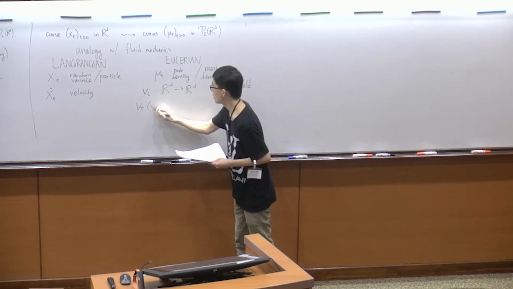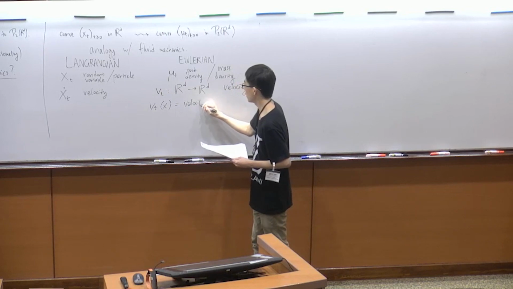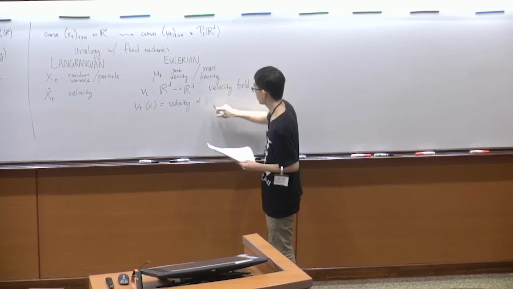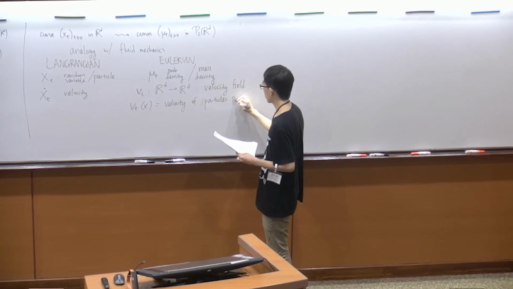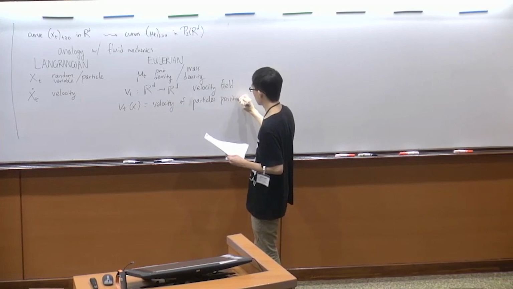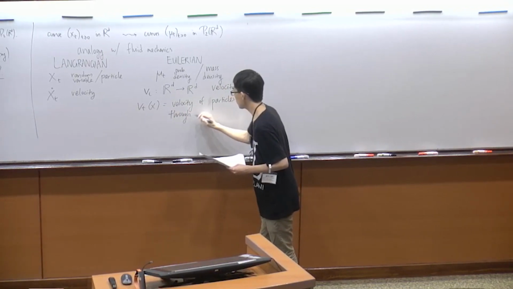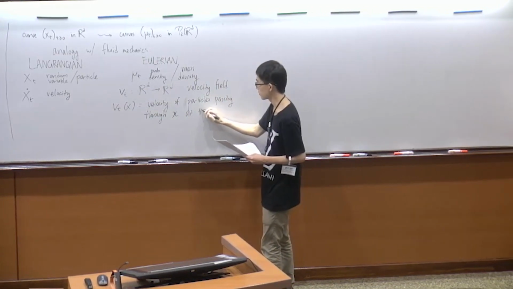And so Vt at x is supposed to be describing the velocity of particles passing through the spatial position x at time t.